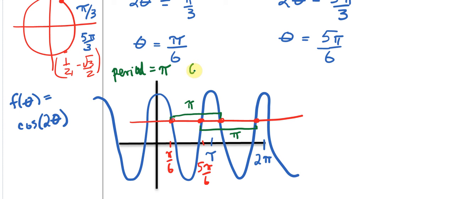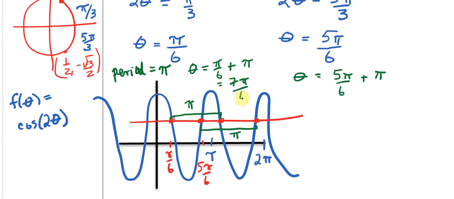So the remaining solutions here would be theta equals pi over 6 plus pi, because we're adding the period, and theta equals 5 pi over 6 plus pi. That would give us 7 pi over 6 and 11 pi over 6.